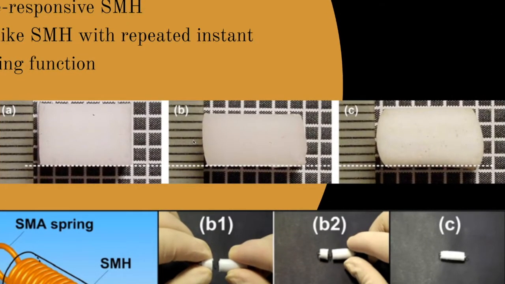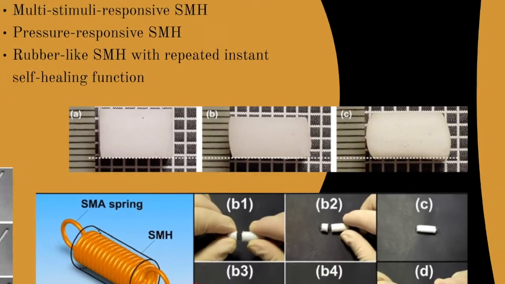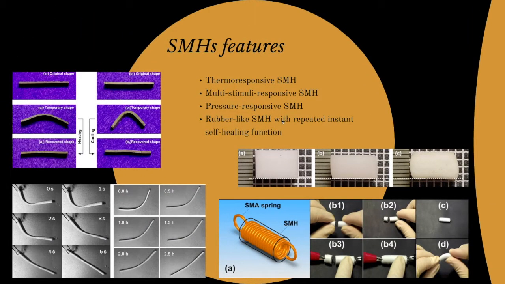This is the pressure responsive shape memory hybrid, so you can utilize pressure to stimulate the effect. And then you have a rubber-like shape memory hybrid with repeated healing functions here. So you can have the alloy as the spring, and the hybrid is here.